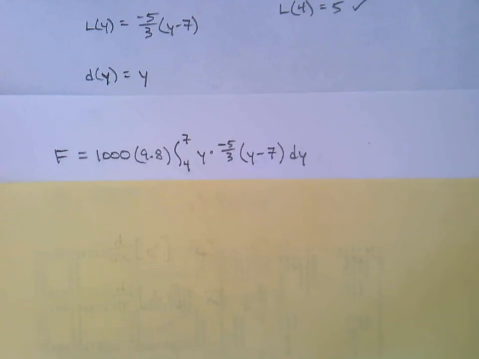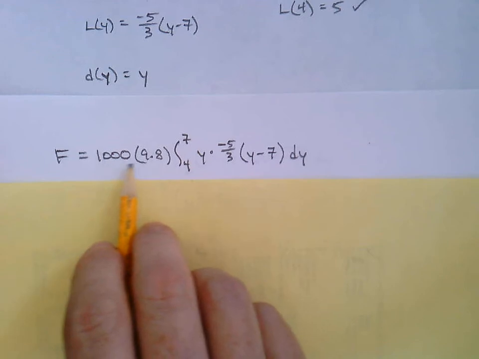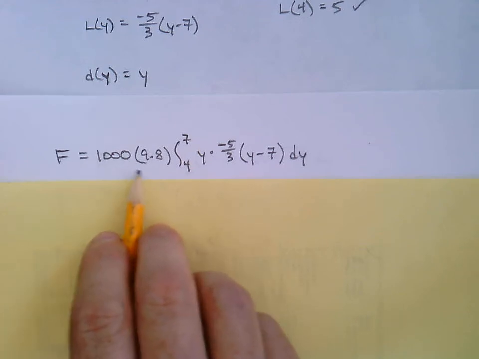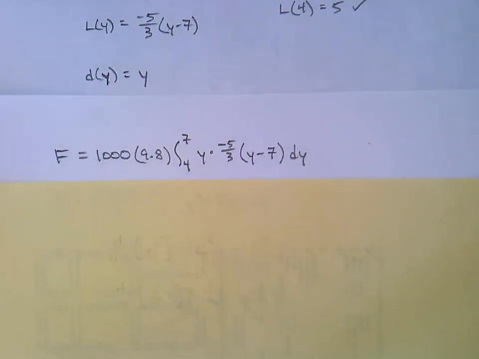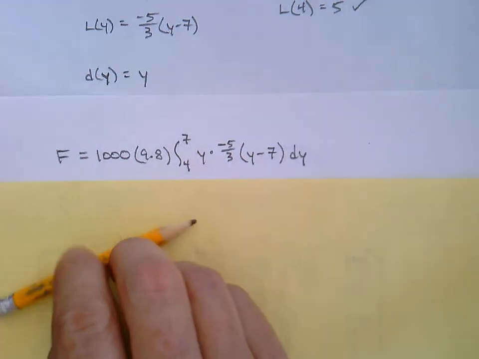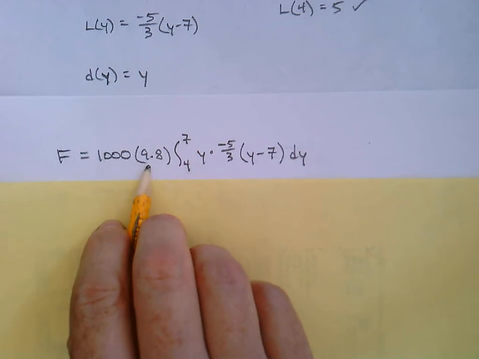So to get rho, we can't just put in the number 1,000. We need to multiply that by the acceleration due to gravity. So our density here is 1,000 times 9.8. We don't have to do that when we're working with pounds because that already takes gravity into consideration.